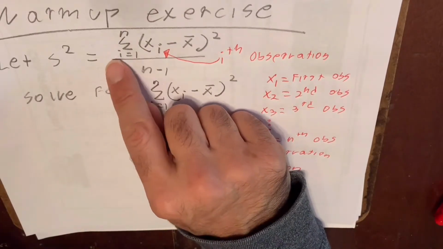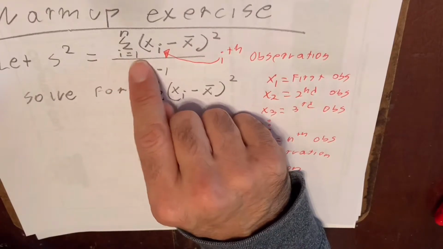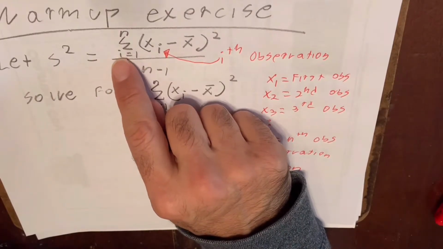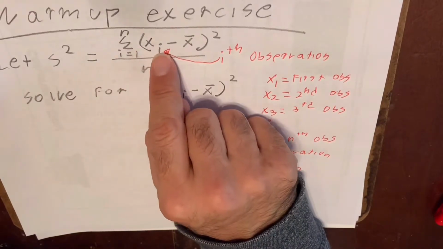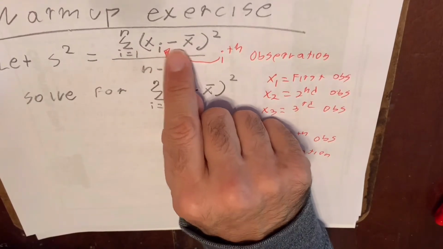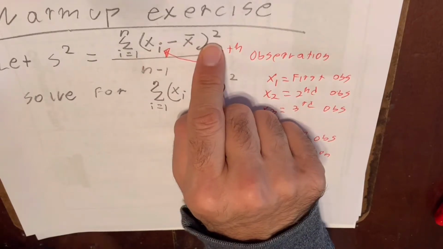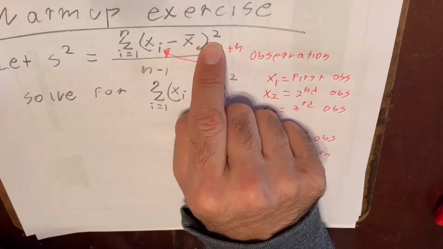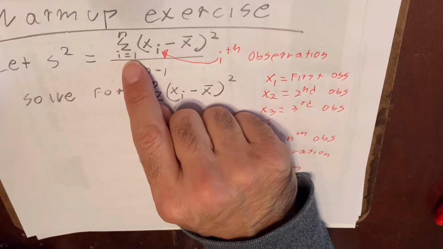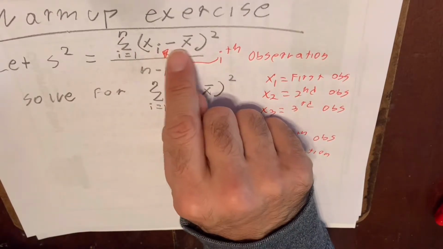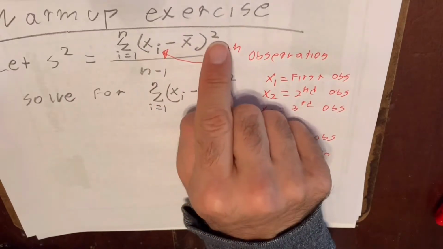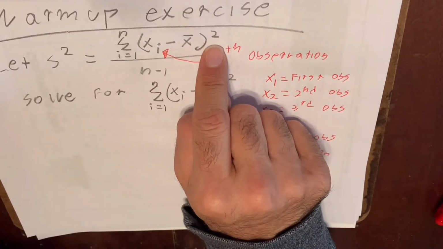But what it says is you start off with this index, i, and it's like i equals 1: take the first observation, subtract the mean, square it, save it in a memory location. Then i equals 2: take the second observation, subtract the mean, square it, save it in a memory location.